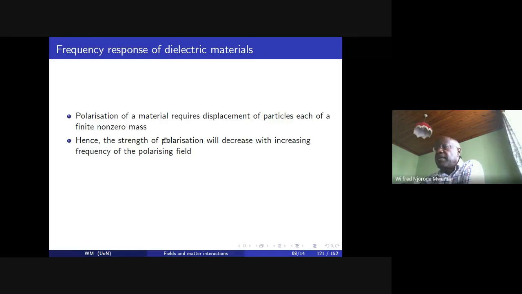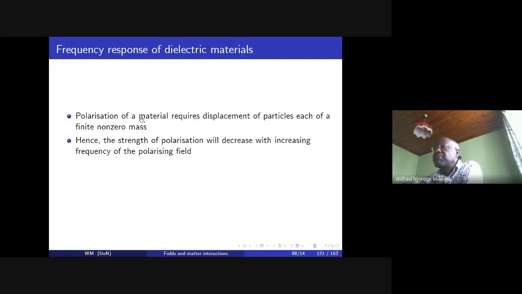Thus, the strength of the polarization will decrease with increasing frequency, because as the applied field changes direction, we expect the polarization direction in the material to flip sides.